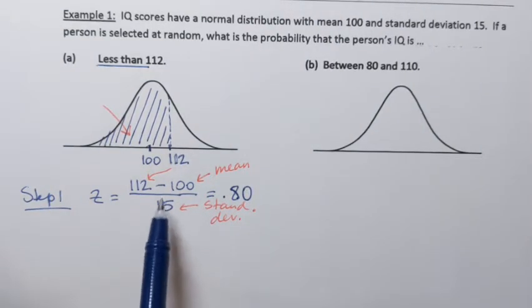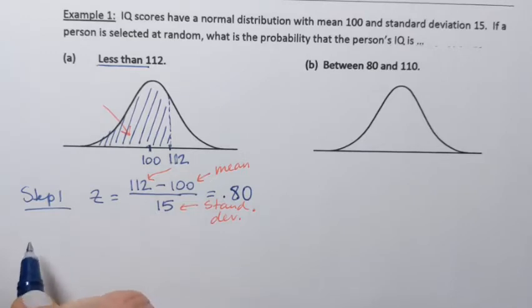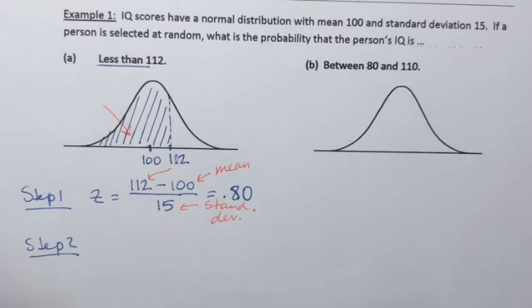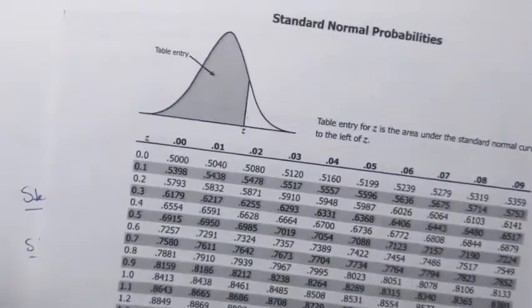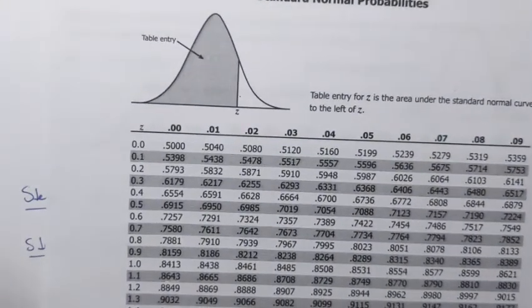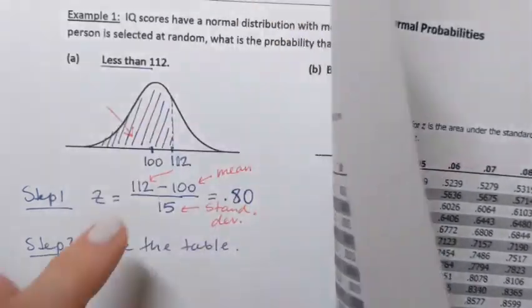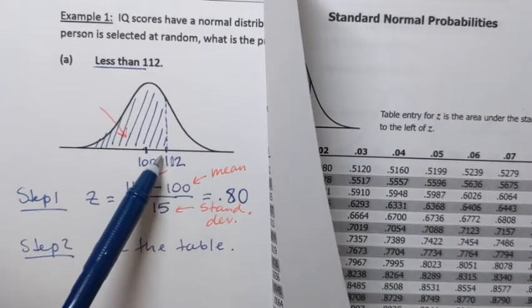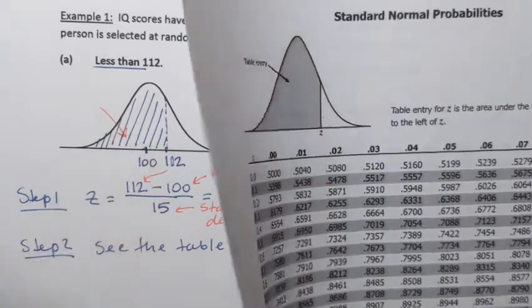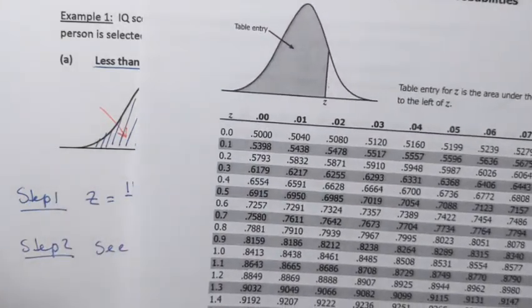So once we find the corresponding Z-score, next, in step 2, we're going to look at the table. Now, that Z-table shows areas to the left of the given Z-score, and that's exactly what we need, right? The corresponding Z-score is 0.80 for this value, and we need the area to the left. So it's perfect. It means that we will get the answer right away.